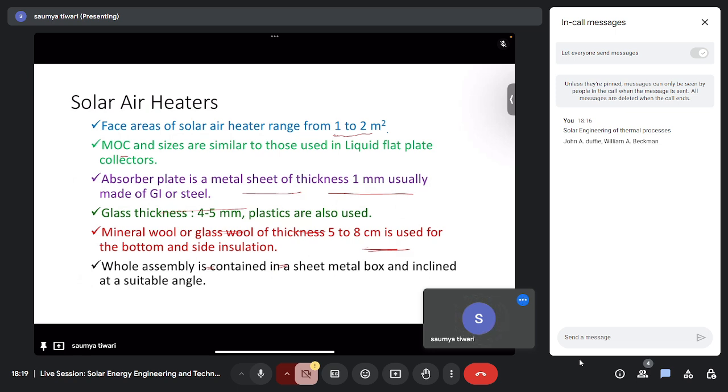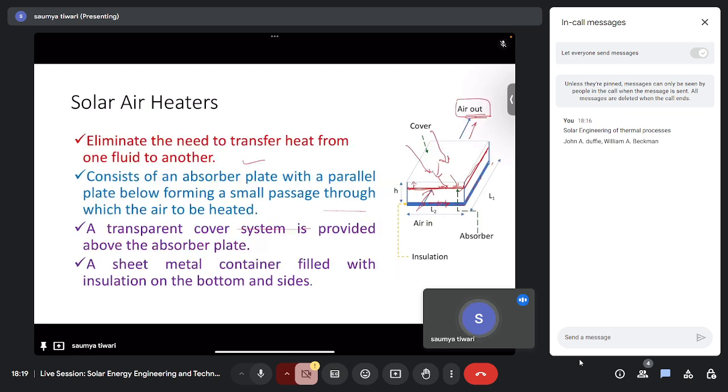At the back plate we don't want heat loss, so we provide insulation at the back and along the side walls also. For that we use mineral wool or glass wool, and this whole setup is kept in a sheet metal box.